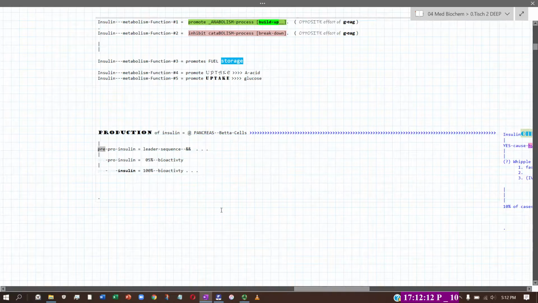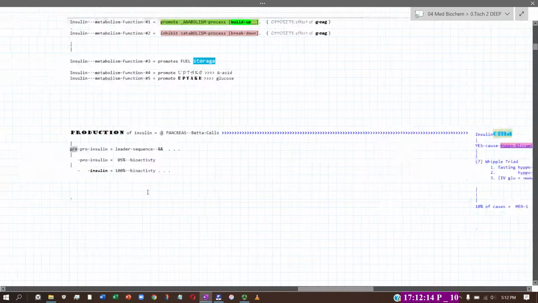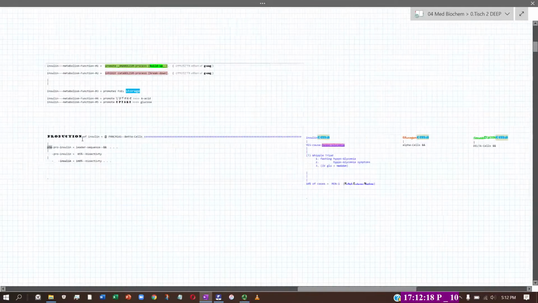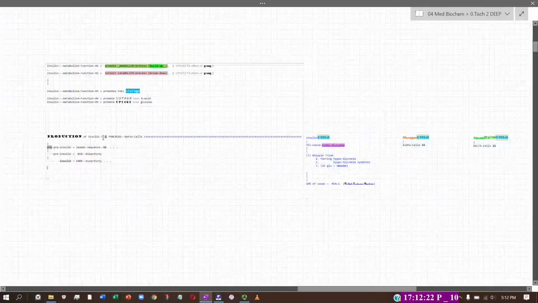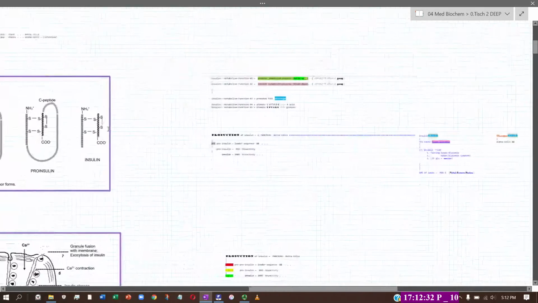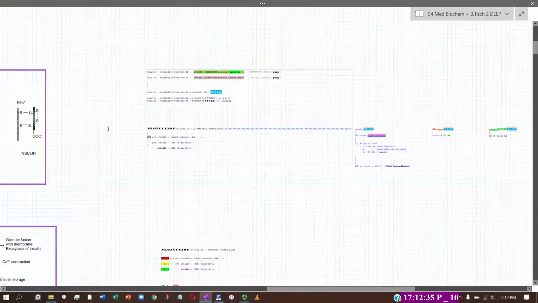This is the mature insulin. This stuff becomes relevant later, so we'll circle back to it because it came later in the section, but it fit best here in this area that talked about the production of pancreas beta cells.